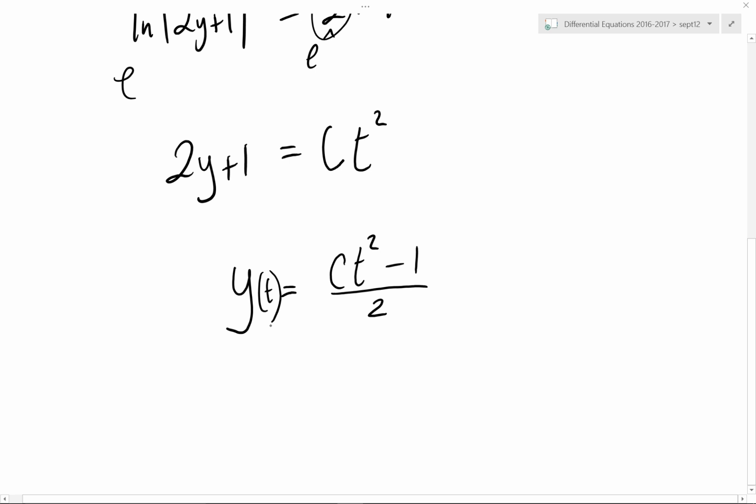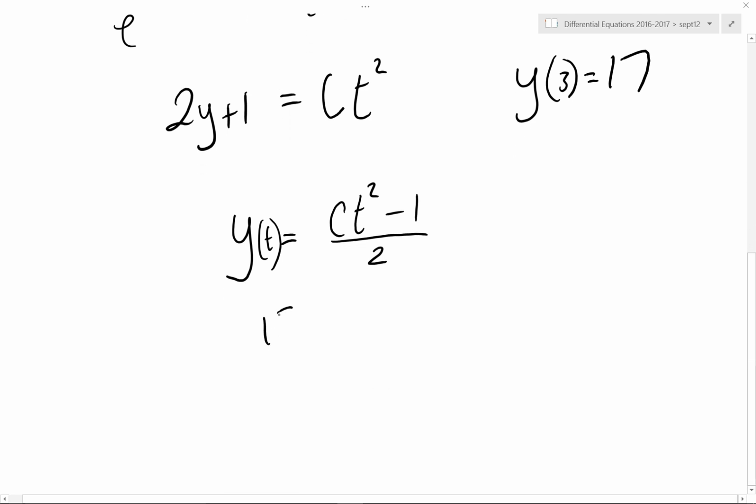If I want a particular solution, I need to give you a value. Again, we frequently throw things at you like y of 0, but there's no reason why I can't do this. Yes? Why not? Okay. And so 17 would equal 9c minus 1, over 2. Be careful. There is no reason to solve it from here. Why are you solving it from here?